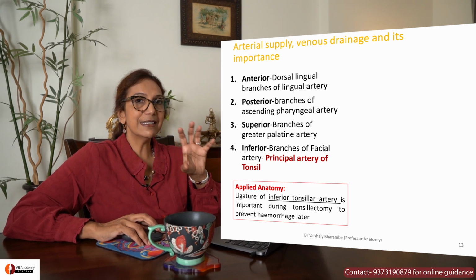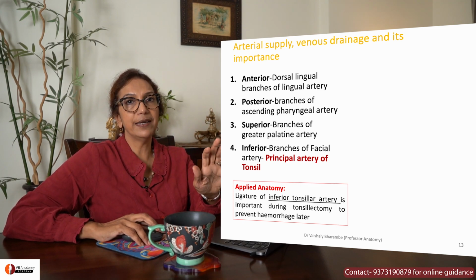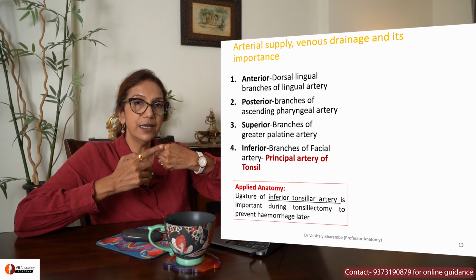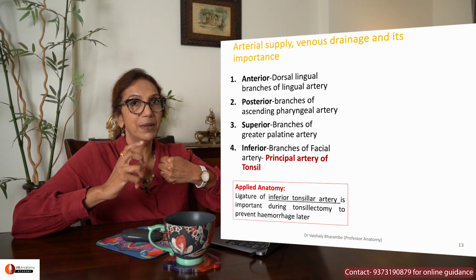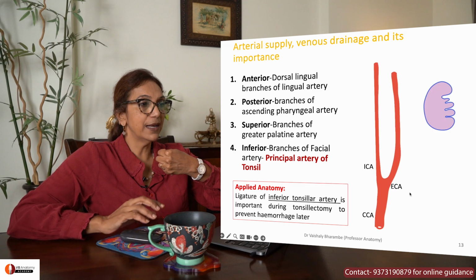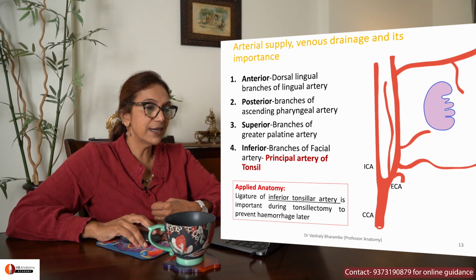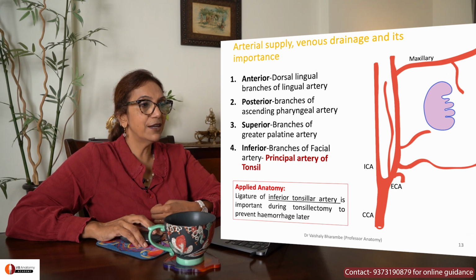Right. So let's discuss the arterial supply of the palatine tonsil. Remember, again, upper end, lower end, anterior, posterior. That's how we remember blood supply. So anteriorly, it gets its blood supply from the lingual artery. Okay, just understand. This is the maxillary artery, a branch of the external carotid, and then ascending pharyngeal, facial and lingual.